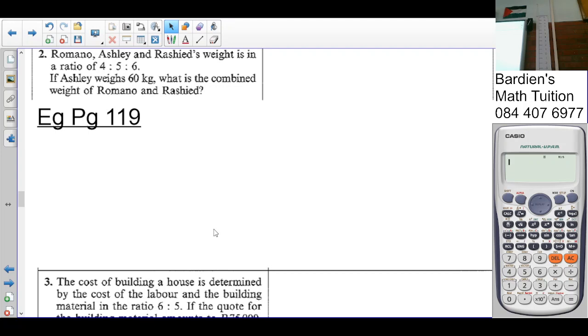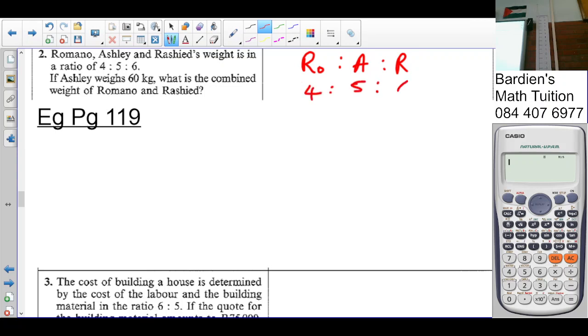So when we start there, you write RO is to A is to R. Just to make it different, you don't have to write out the whole name: RO for Romano, A for Ashley, and R for Rashid. The weight is in the ratio 4:5:6.